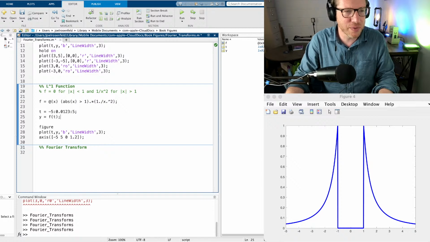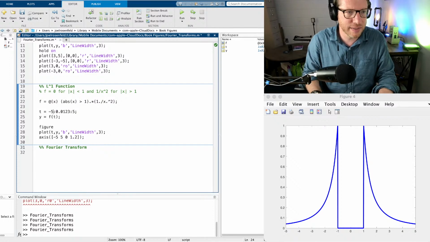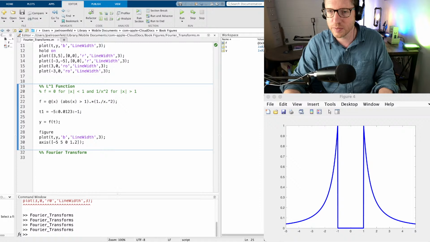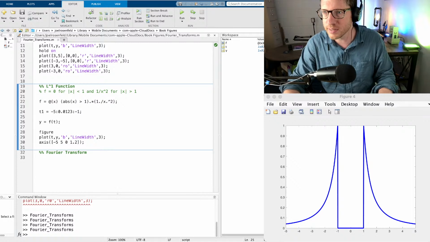Let's see. All right, so we're going to make t go from, let's say, t1 from -5 to -1, and then we can take this to... why is nothing coming through my speakers?